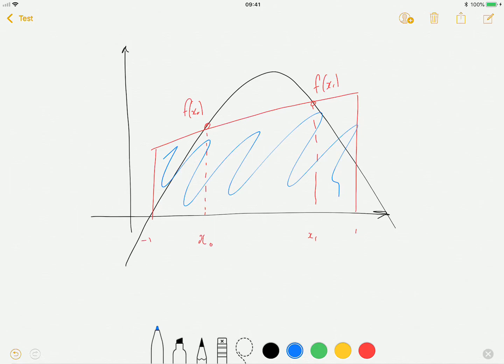So the Gauss-Legendre quadrature method addresses this hypothesis in a way.